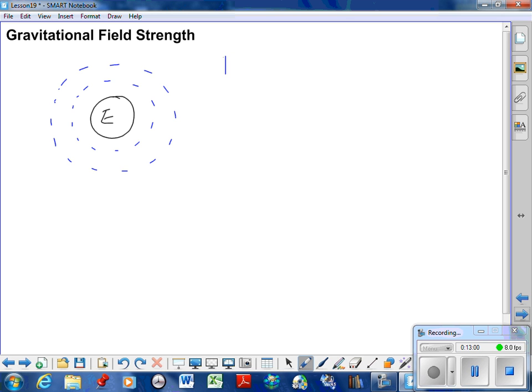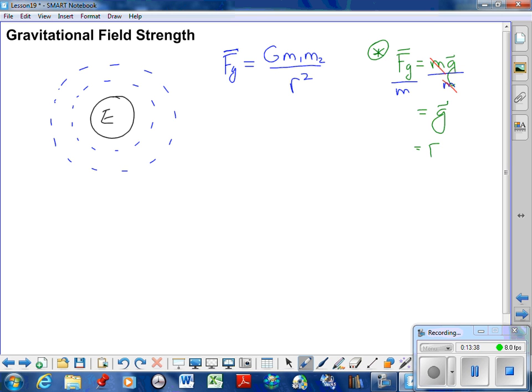So if we take that formula, force due to gravity equals G m1 m2 over r squared, and I divide out a mass, so if I had force due to gravity equals mass times gravity, and I divided both sides by m, what we would find is we're just left with gravitational field strength, or g. And that is our field strength.